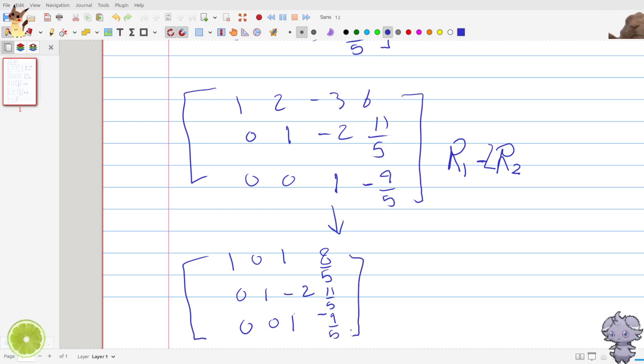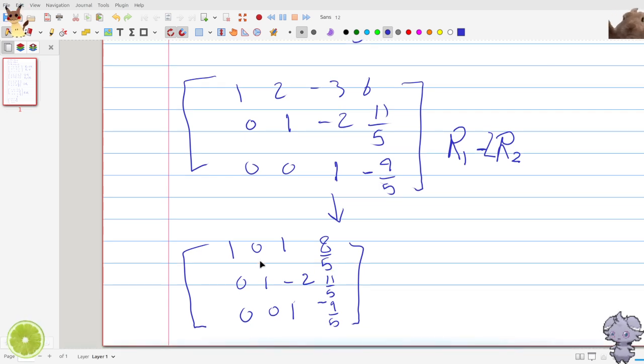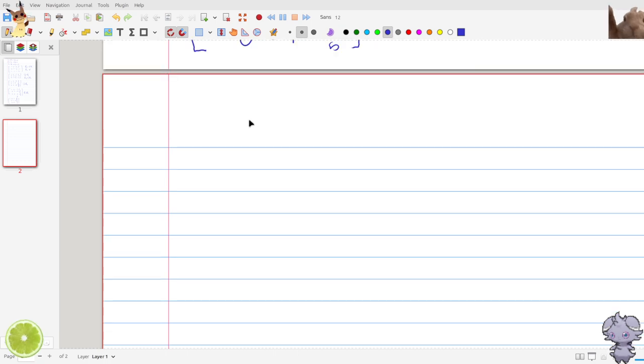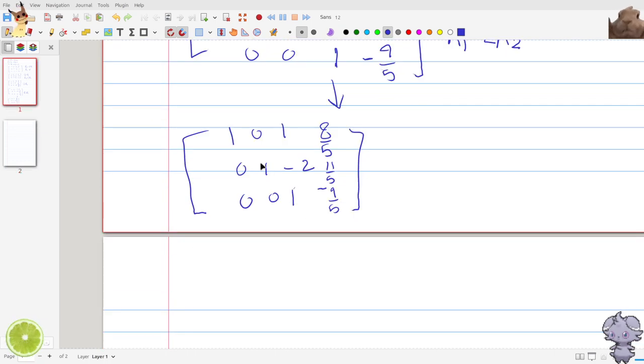So yeah, now we have this matrix. Let me add another page. Now we have to turn these two numbers into zeros. How do we do that?